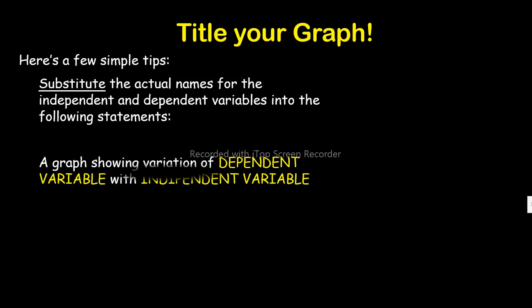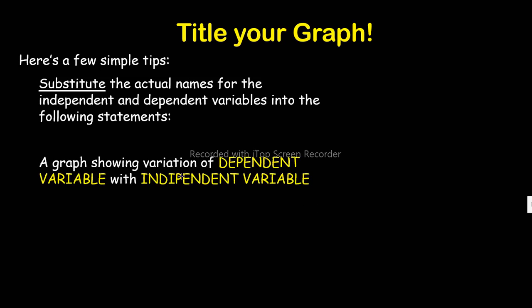Number one, your title is for the graph which shows variation of the dependent variable with the independent variable. Variation is the same as change. So someone can say a graph showing change, but for me, I prefer variation. It's all the same.